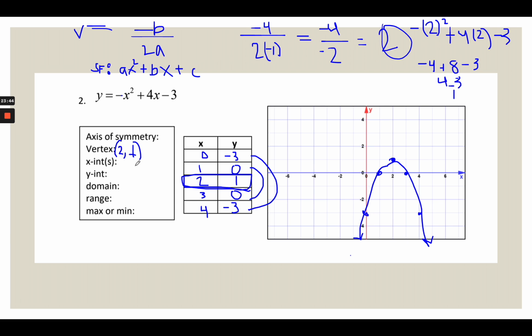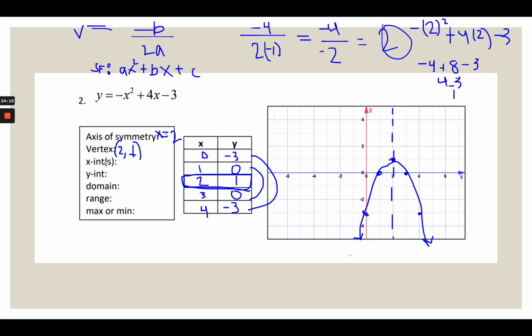So let's find our axis of symmetry first. Remember, it's going to be the line that cuts our parabola perfectly in half. Give you a hint, it's always where the vertex is. So our axis of symmetry is x equals 2. There's the equation of the line right there. Okay. Now our x-intercepts, that's where our graph hits the x-axis.